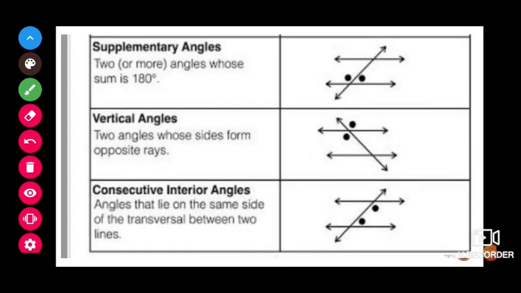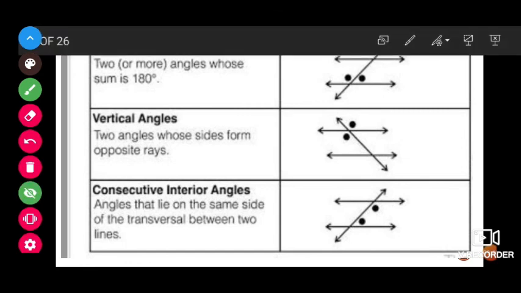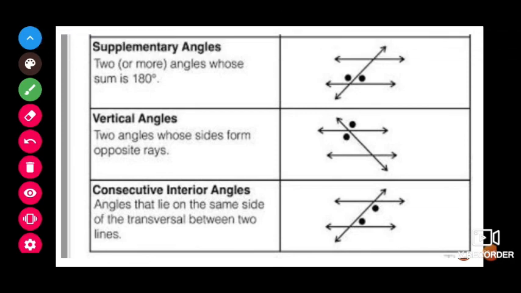Okay, next children, supplementary angles. Supplementary angles, as you already know, means the total angle should be 180. Here we will get 4 sets like that. Here the first one, here one and here one, here one and here one, these 2 also, and even these 2 also.